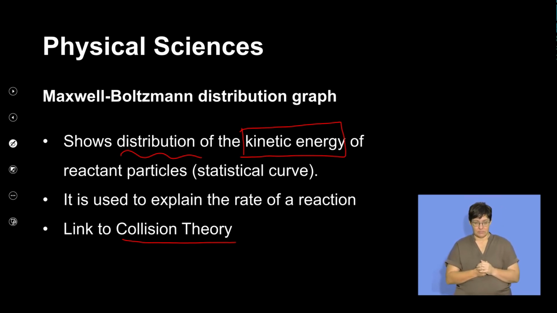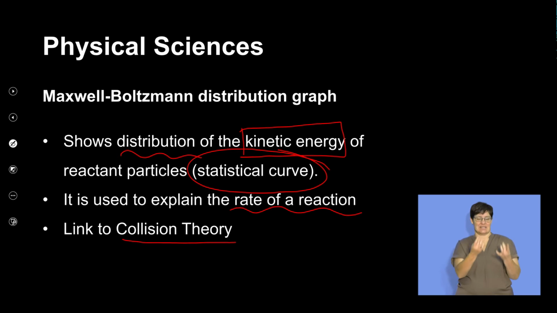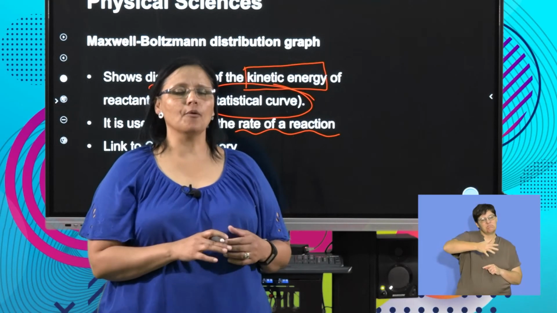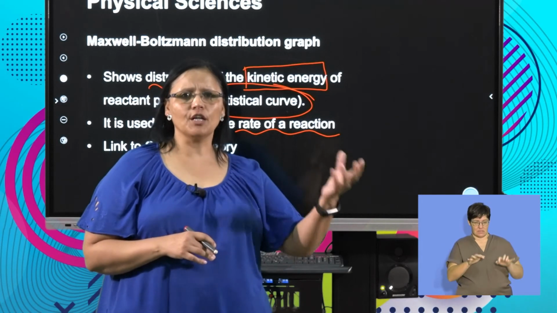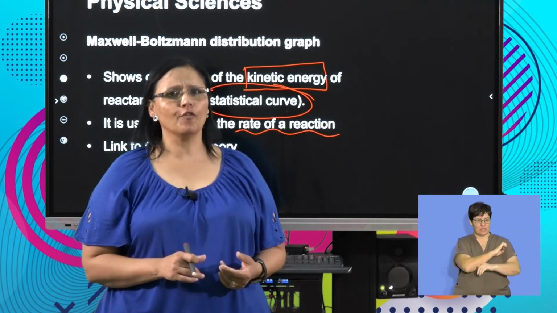It is used to explain the rate of a reaction. Just remember, this is a statistical curve, and we can say this is more or less how many of our particles have a low energy or a high energy, or the average energy of the curve.